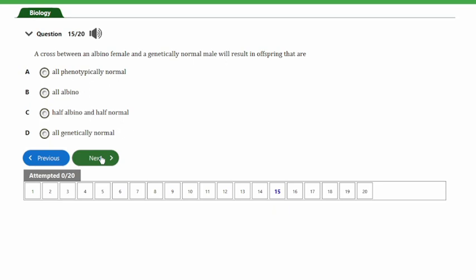So guys, the answer to this question is option A, and that's all phenotypically normal. The offsprings will all be phenotypically normal, and that's because the gene expression for albinism is recessive, so it will not show in the phenotype of these offspring. So guys, the answer to this question is option A.